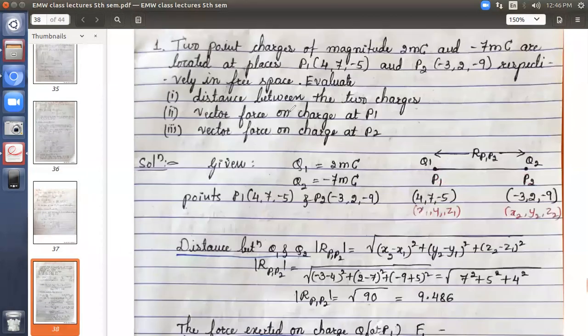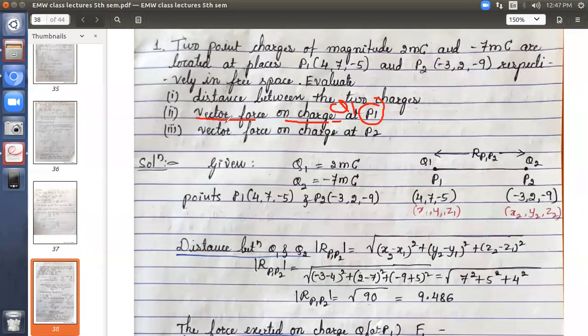First part done. Then coming to the second, we need to calculate the vector force on charge Q1. Okay, charge Q1 at P1. Now tell me, on charge Q1, force exists because of what? Because of the existence of the other charge, only that force exists, right?